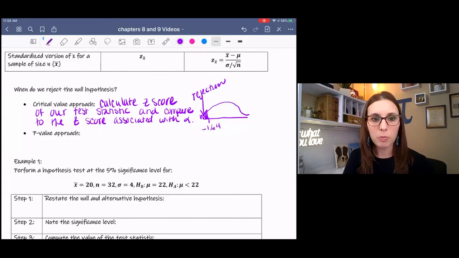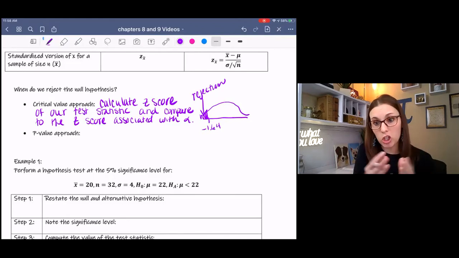And then the p-value approach is referring more to the area. So alpha is an area, and if we use our test statistic to find the area for that test statistic, if the area was in the rejection zone, then we reject it.